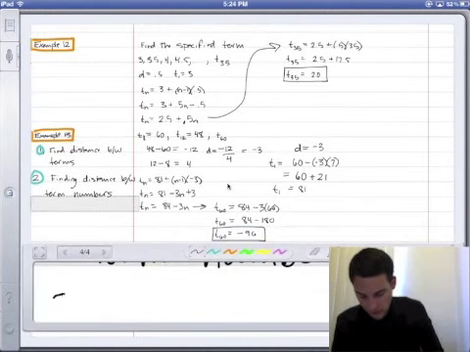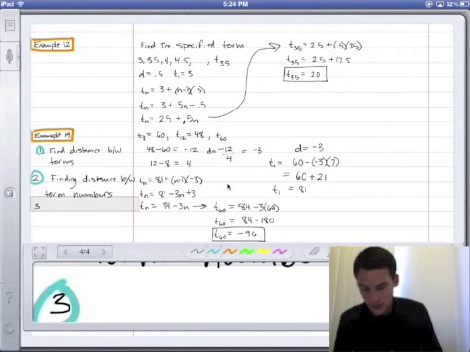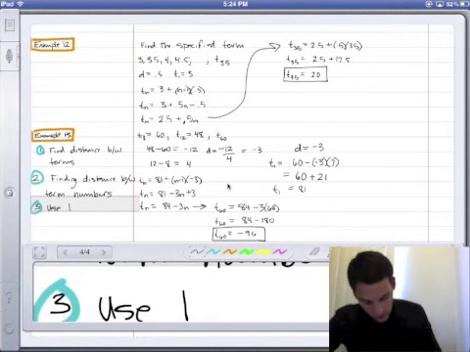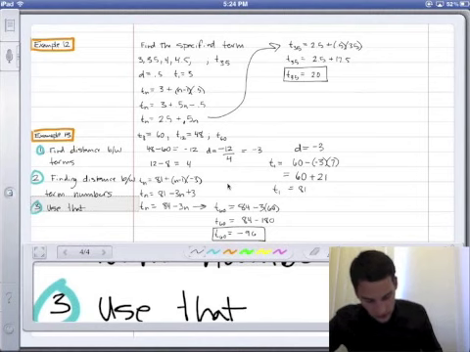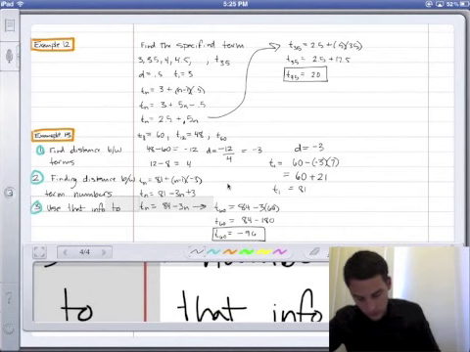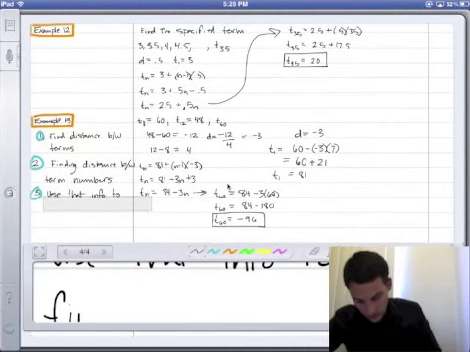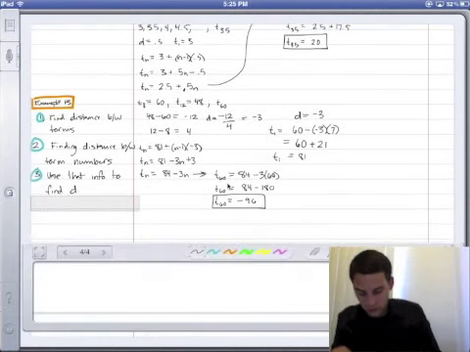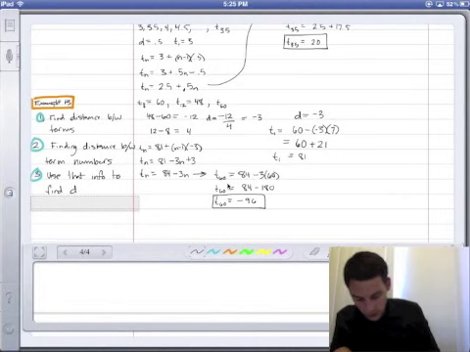Then step 3 was use that info to find D. After you found D, the next thing was to find the first term, so that would be number 4.